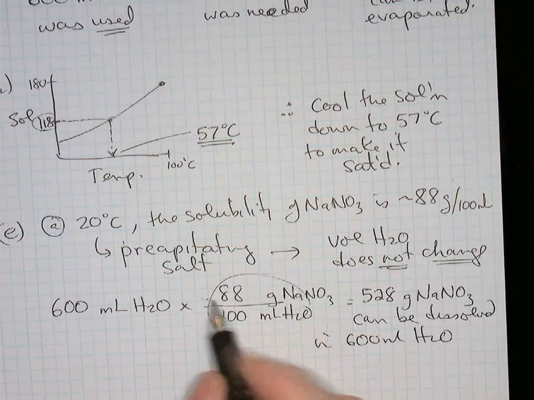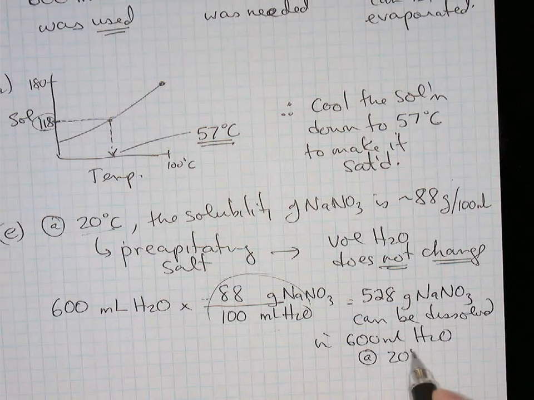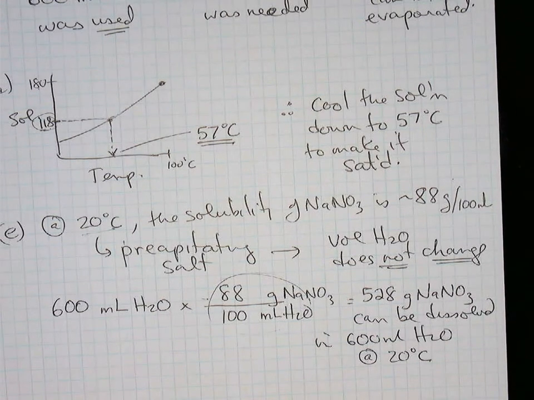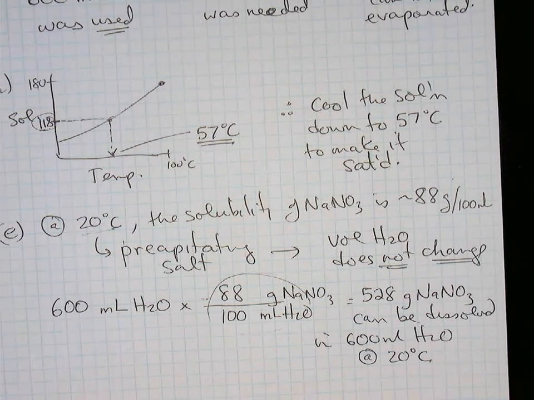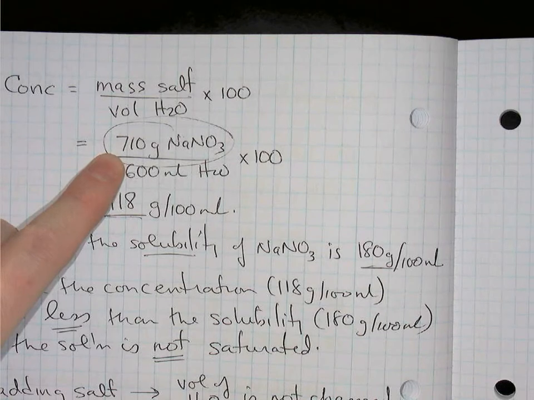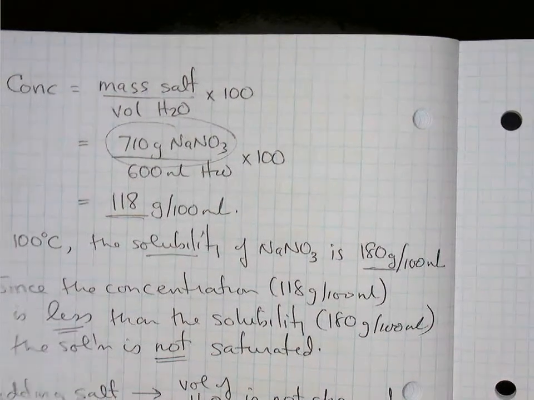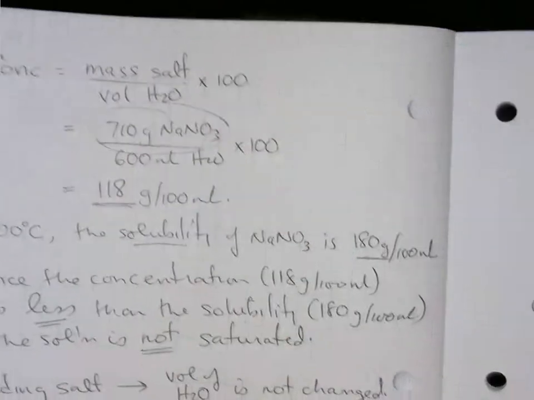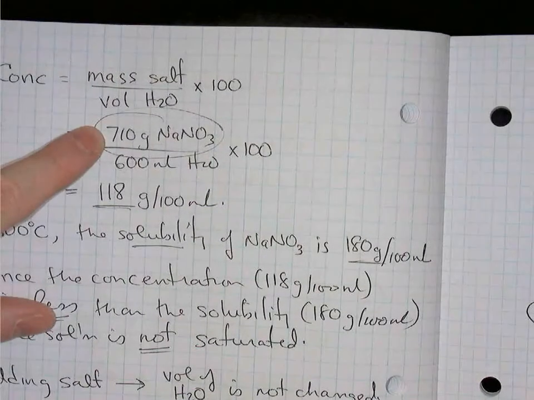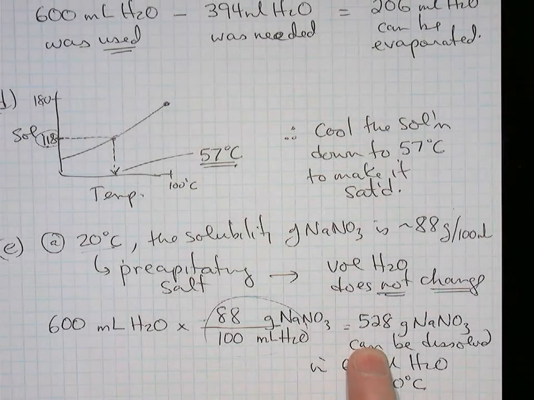Well, since this solubility was at 20 degrees, this is at 20 degrees Celsius. Now think back to the beginning of the question and remind yourself that the student had originally dissolved 710 grams in the 600 mils of boiling water. And we've cooled it down to 20 degrees where they can't have 710 grams dissolved. Now they can only have 528 grams dissolved.